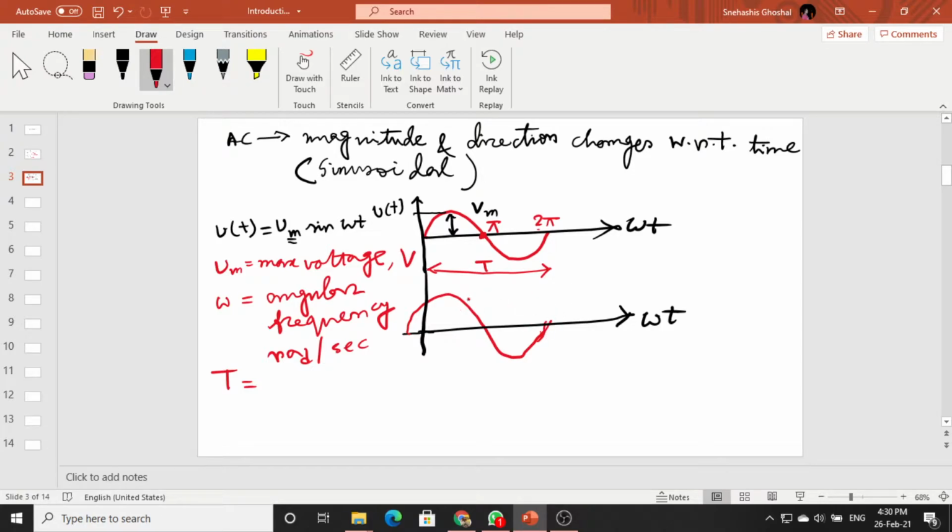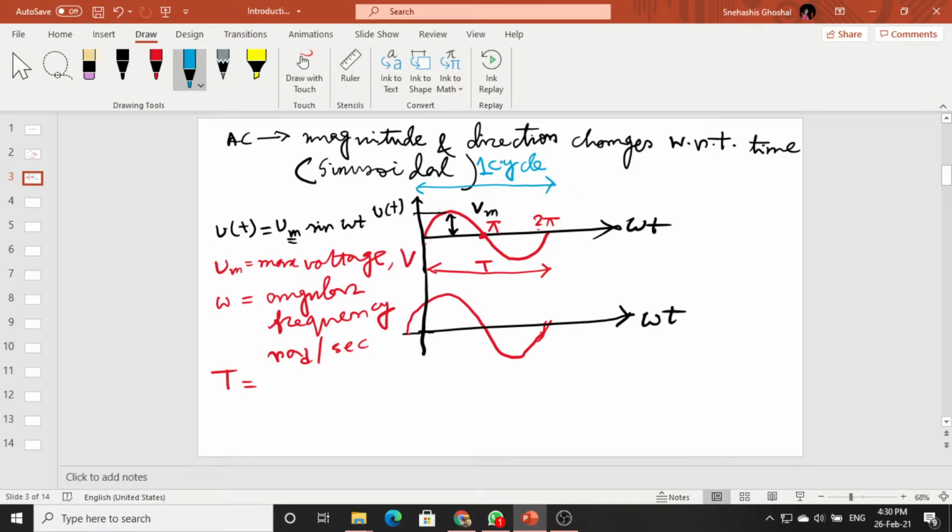And from this zero, let me show it through a different ink, from this zero to this zero, the whole thing is known as one cycle. So in 1 second, if n number of cycles are observed, that will be called frequency. So in 1 second, how many cycles you will be seeing for a particular signal, that amount is known as its frequency.